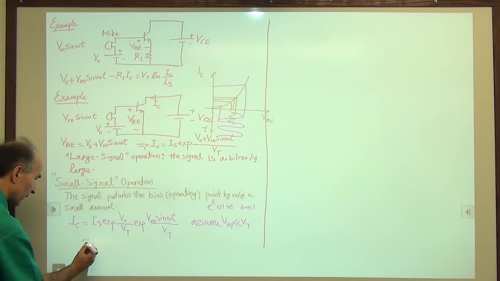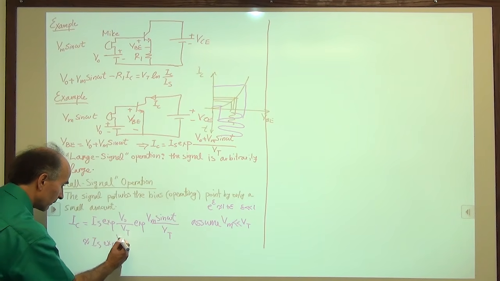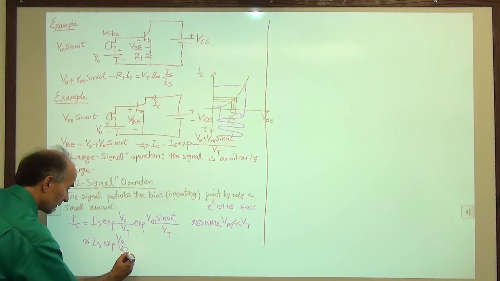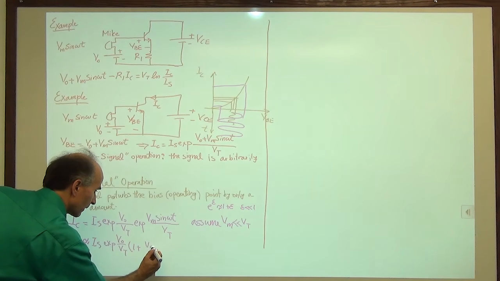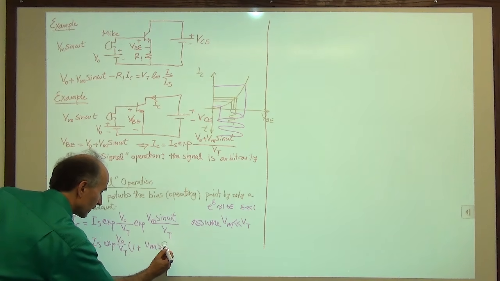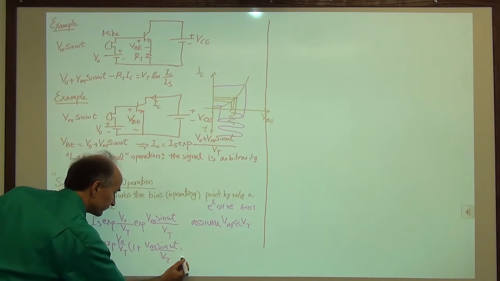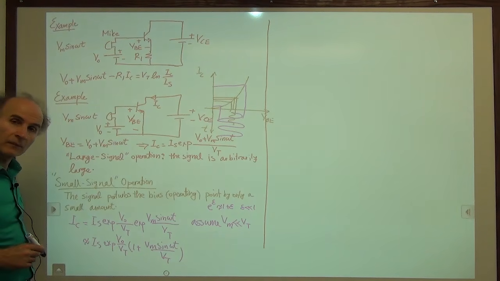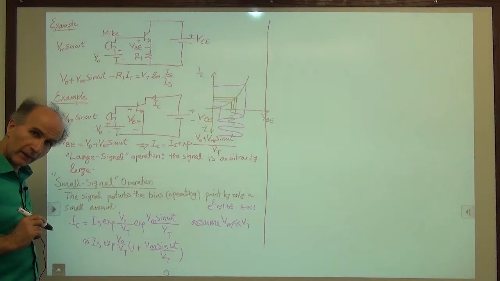So I can write Is exp of V0 over Vt, times 1 plus Vm sine of omega t over Vt. So where am I going with all of this? Well, hang in there, we'll see.